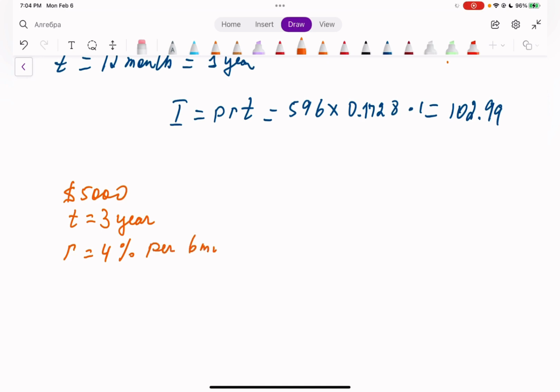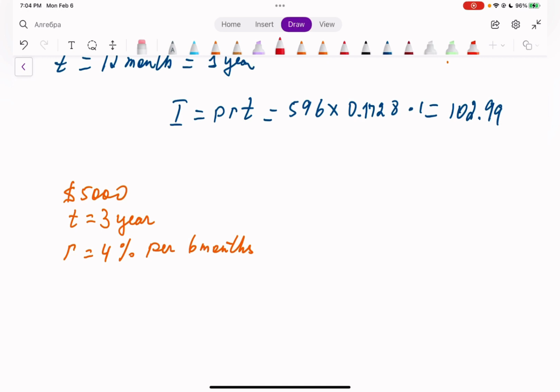Okay. So we need to find the amount in the account, how much money will be in the account in 3 years. Since it's cumulative and the interest is compounded, we are going to use the following formula.